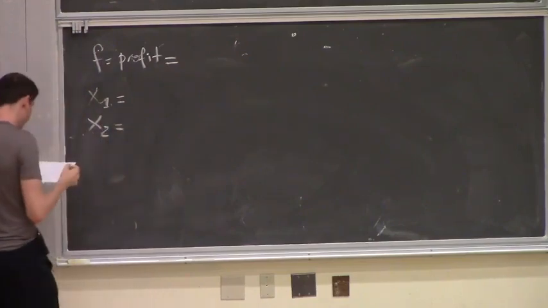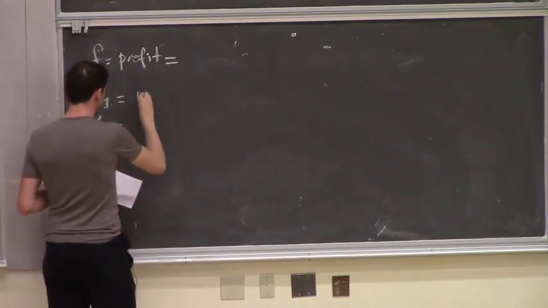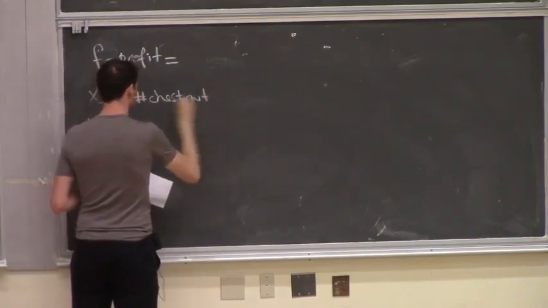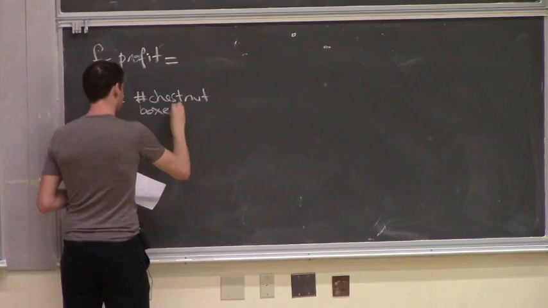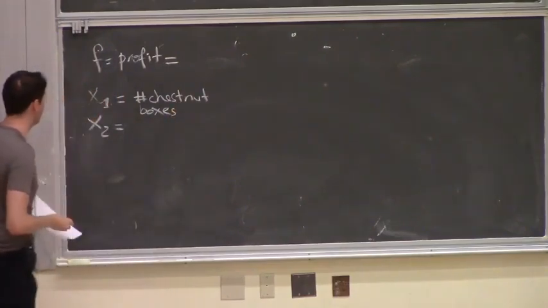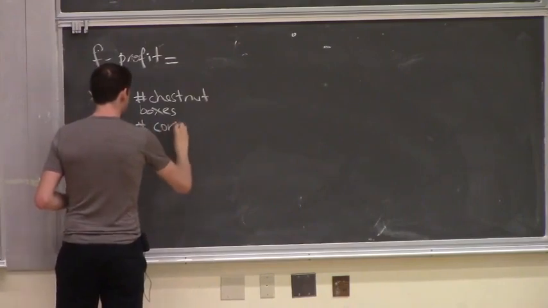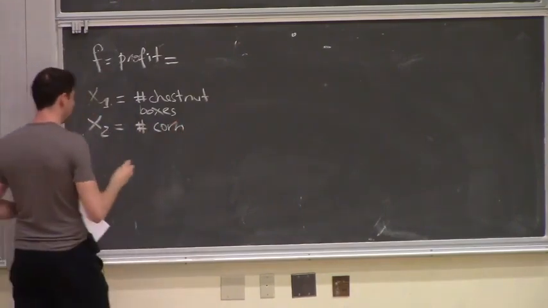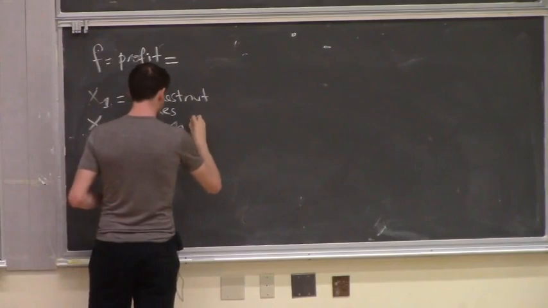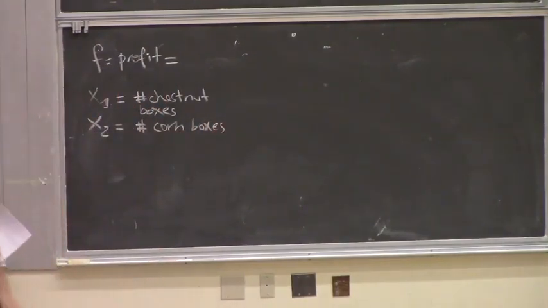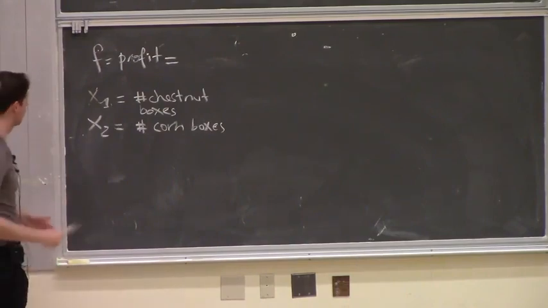And x1 will represent the number of chestnut boxes that I'll put into my cart at the beginning of the day. And the other one will represent the number of corn boxes that are put into the cart at the beginning of the day, right? So those are my decisions.